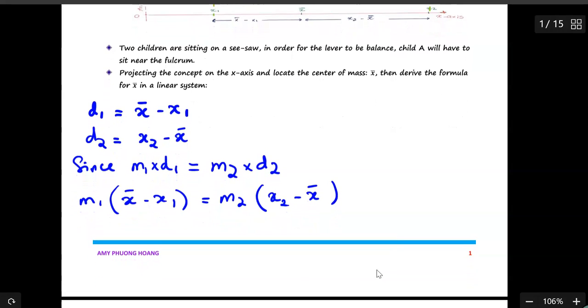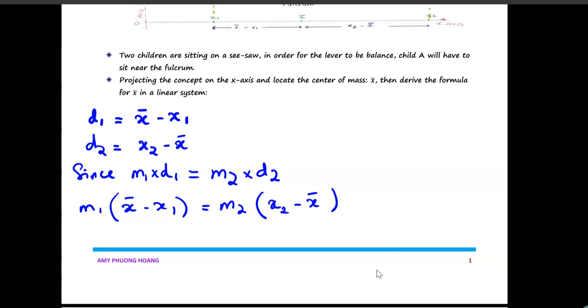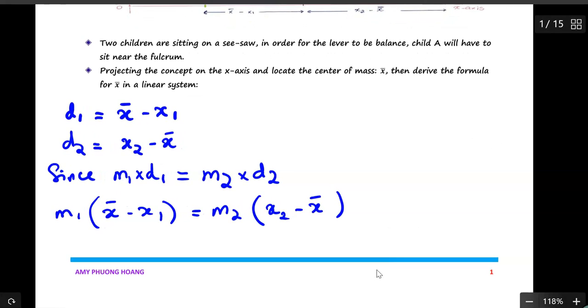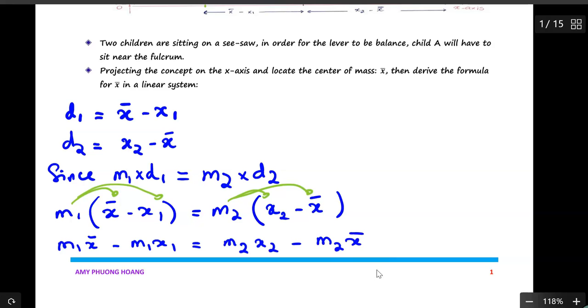Let's expand the brackets, multiplying this into the bracket, or distribute the term. I should have m1 x bar subtract m1 x1 equal to m2 x2 subtract m2 x bar.